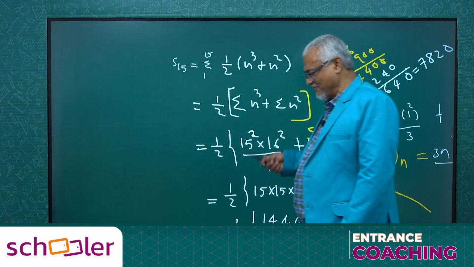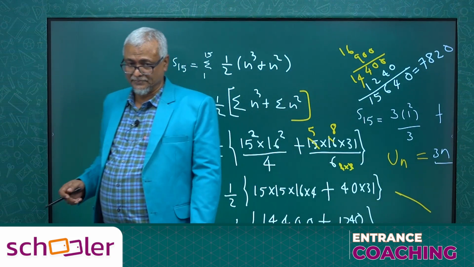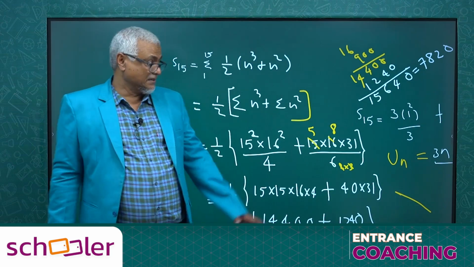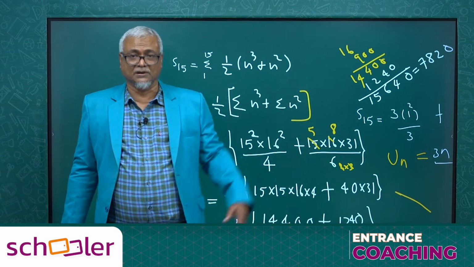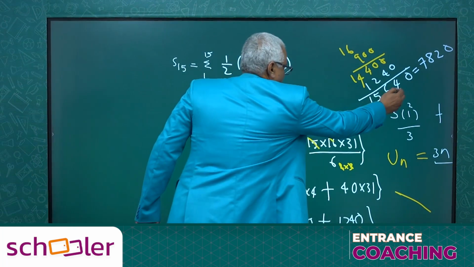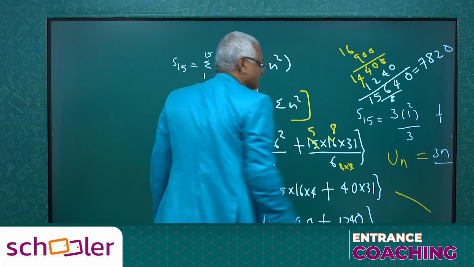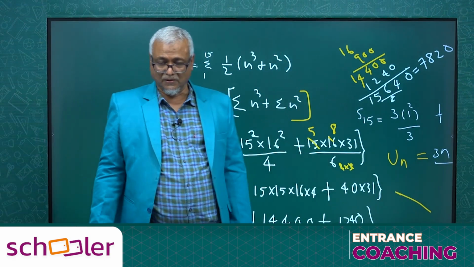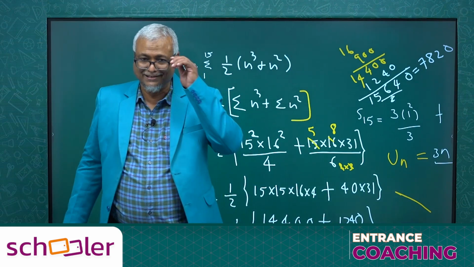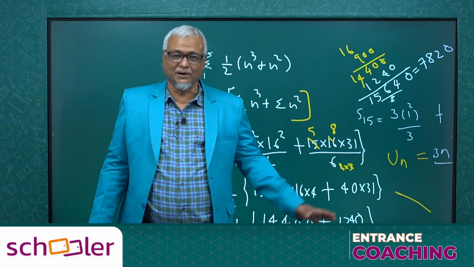Then we simplify and we get the answer. What is the answer? 7820. Okay, clear?